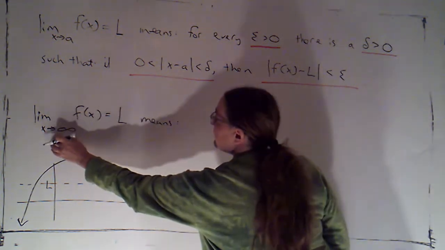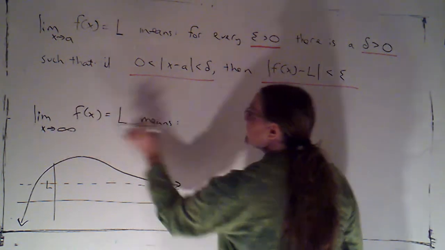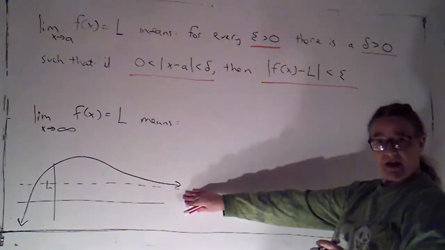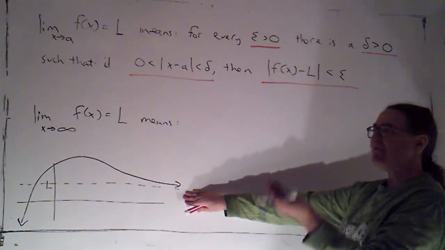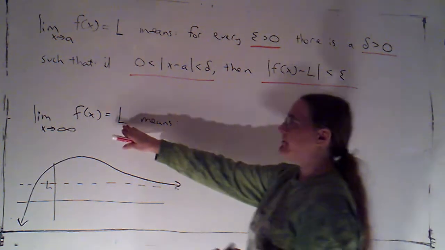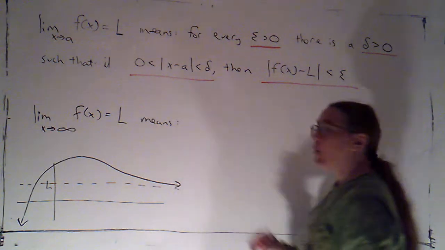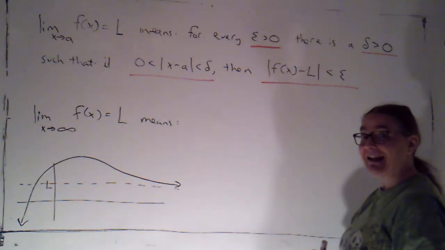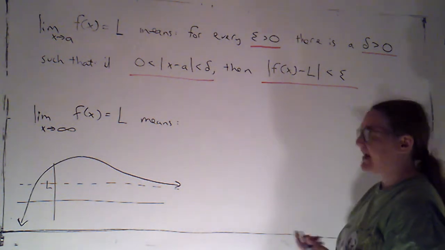So anytime we're writing a formal definition, it's going to basically model this. So if I'm saying the limit as x goes to infinity of f of x is L, and I've drawn a picture here of what that means: if x is going to infinity and we have a finite limit, that's saying we've got a horizontal asymptote at height L on the right side of our graph.